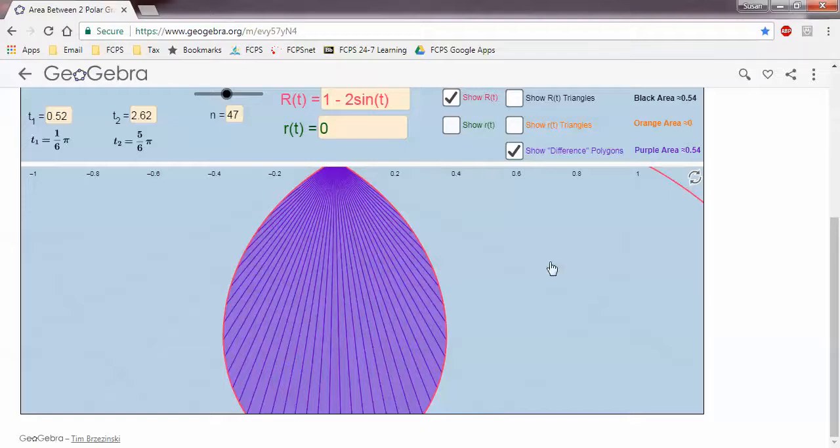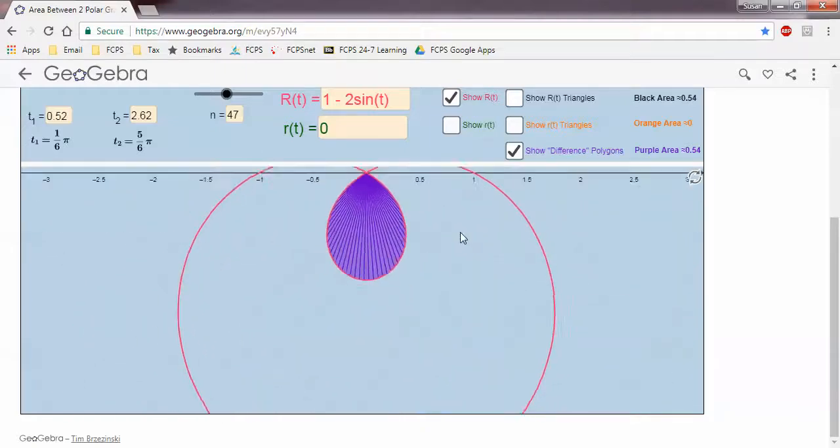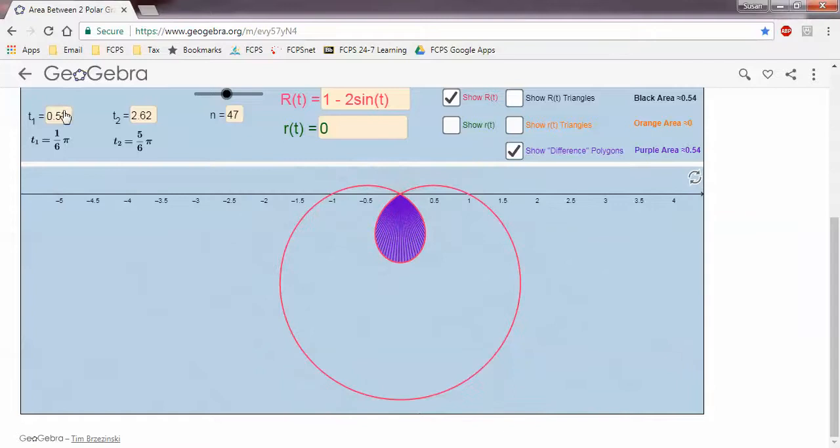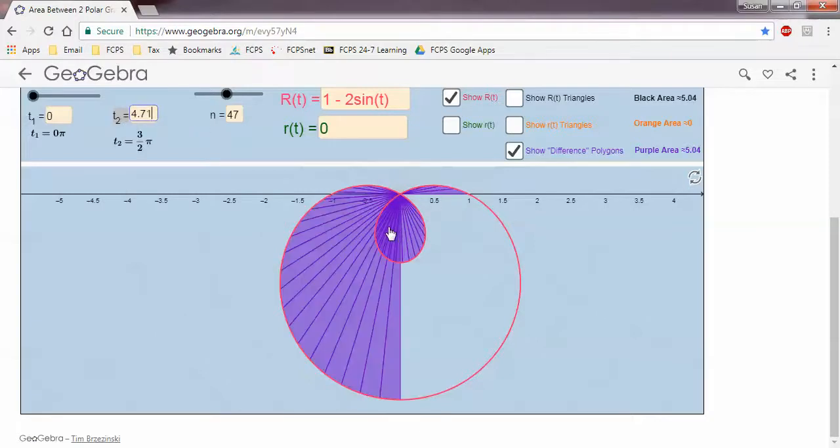Yes, except one small issue. If I go from 0 to 5 pi over 6, it finds all of that area, right? And if I go from 0 to pi, it finds this area and this area. And if I go 0 to 3 pi over 2, it'll find this area. Remember, we're doing area of a sector, so you can't leave this out.